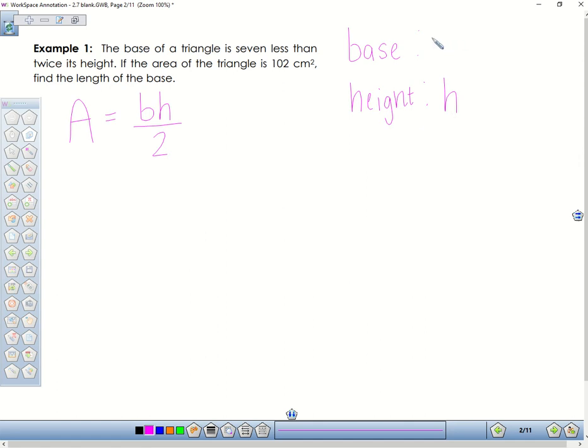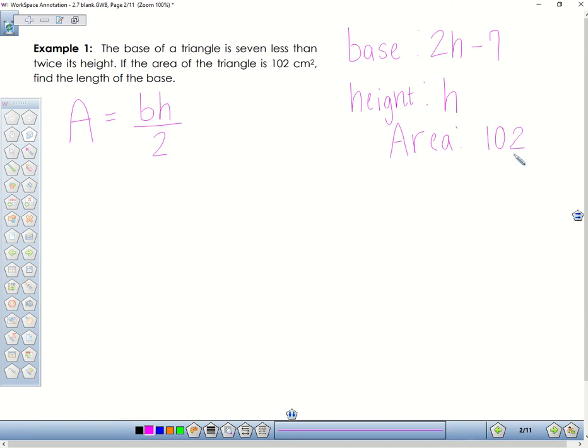So we would take height and multiply it by 2, and then subtract 7 from it, and that would give us our base. Does that make sense how I wrote that out? So you just do an interpretation of the words basically with an expression. And then of course we have the information that the area is equal to 102 centimeters.